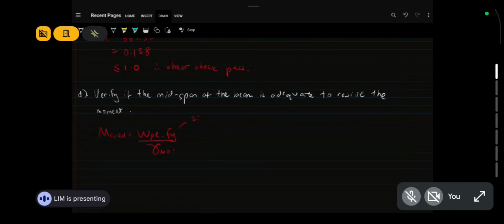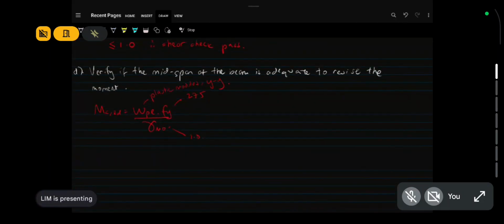Very simple. Fy is 275. Gamma m naught is always 1. The only thing you have to look for is WPL. You go to the Excel table and look for plastic modulus YY for this beam.